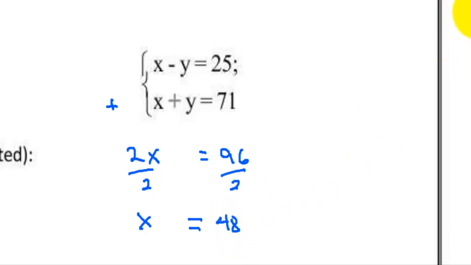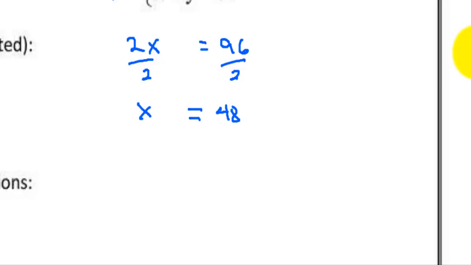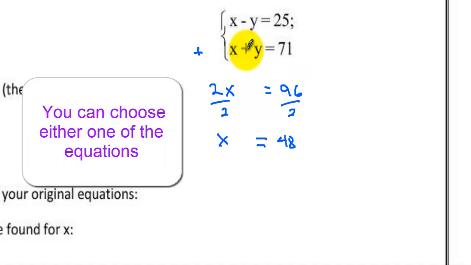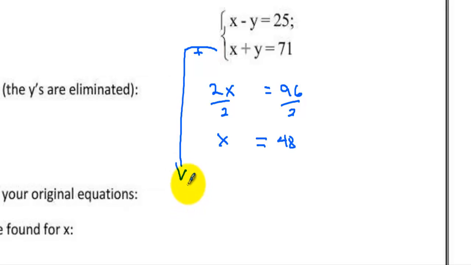Once you have a value for your variable, we can now either choose the first equation or the second equation to solve the y variable. Now let's use the second equation to solve the y variable. So using the second equation, x plus y equals 71, but the x that we got is equal to 48.